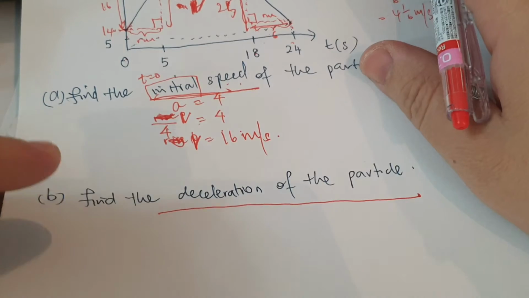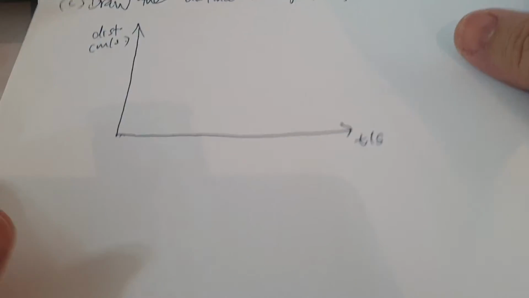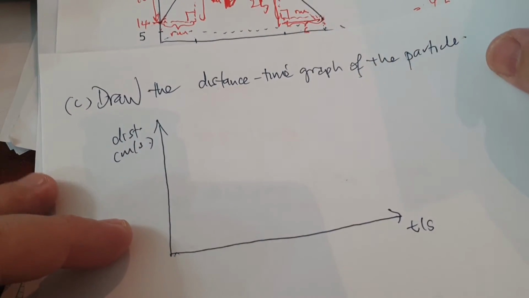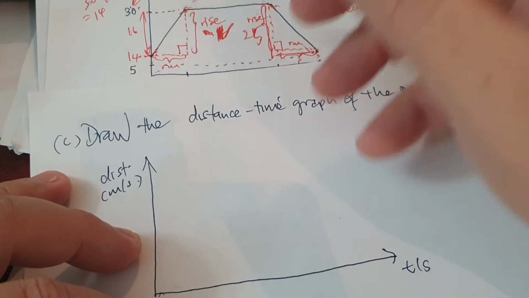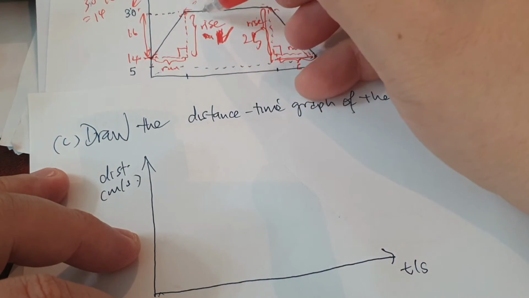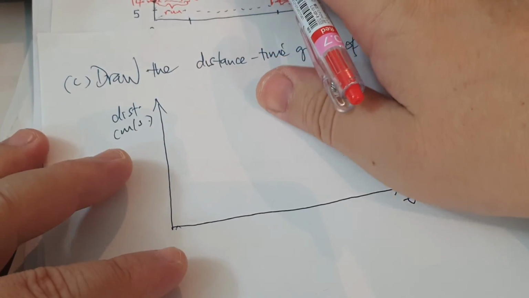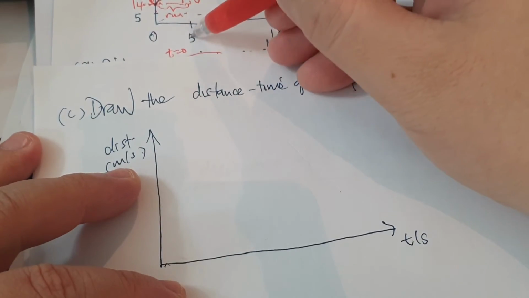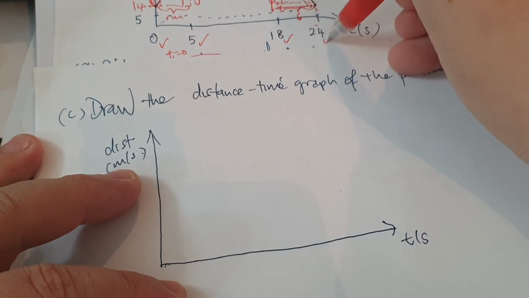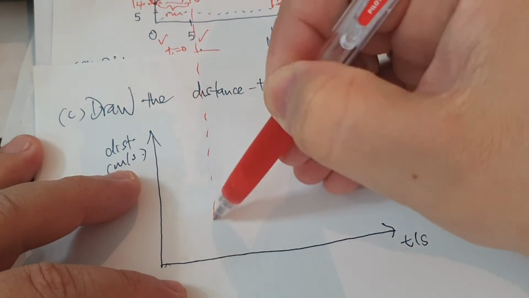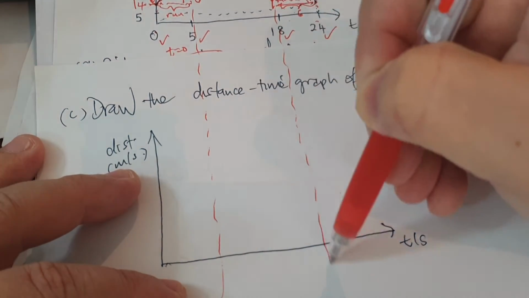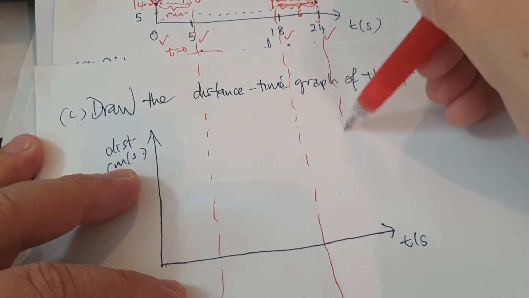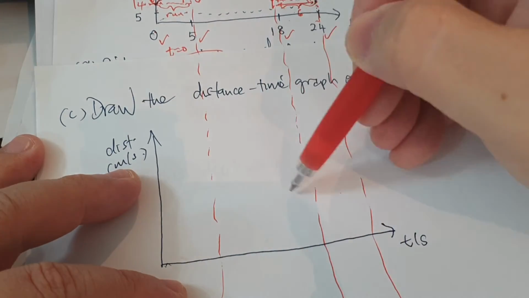Now, the next question they want us to do is to draw the distance time graph. As I mentioned, I need to tell you how to obtain the distance time graph from the speed time graph. Very simple. You follow these timings given to you: this is one block, this is another block, and this is the last stage, stage 1, stage 2, stage 3.